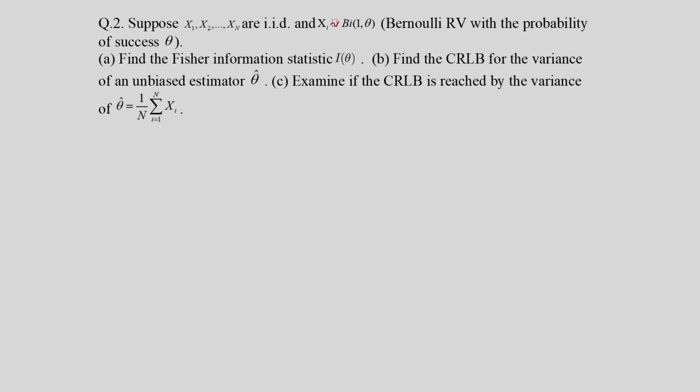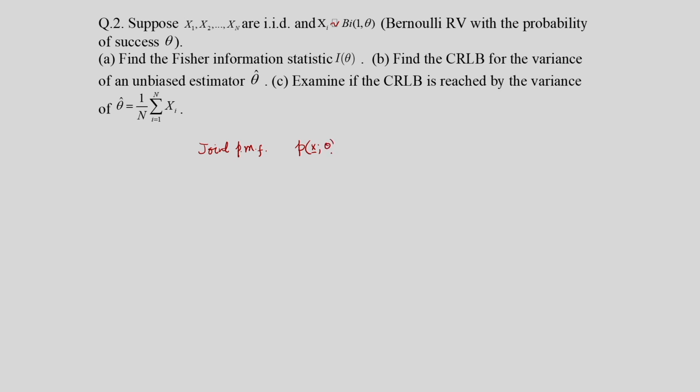Now, in this case, there are n random variables. Therefore, the joint PMF, the probability mass function, that is also the likelihood function, is equal to P of x theta, if I write in vector notation.